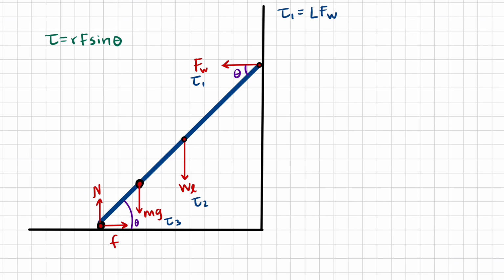Now, most of us are going to be inclined to say just sine of theta. However, although that's correct, I want you to think of torque in a different way. I want you to think of the perpendicular component of the force acting on the ladder, because this force is not at 90 degrees.